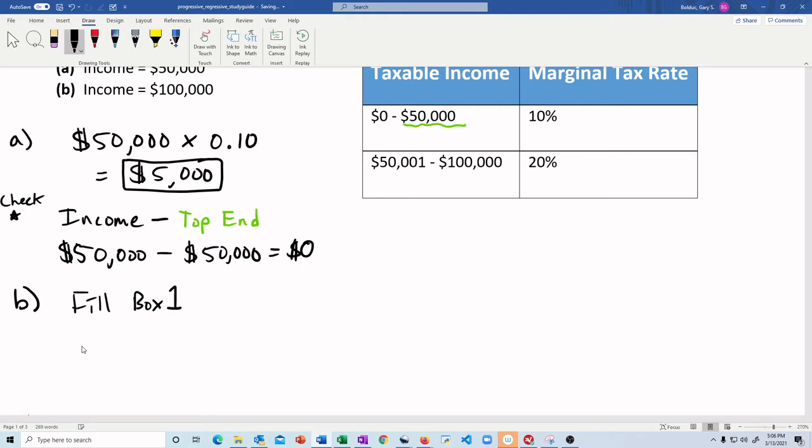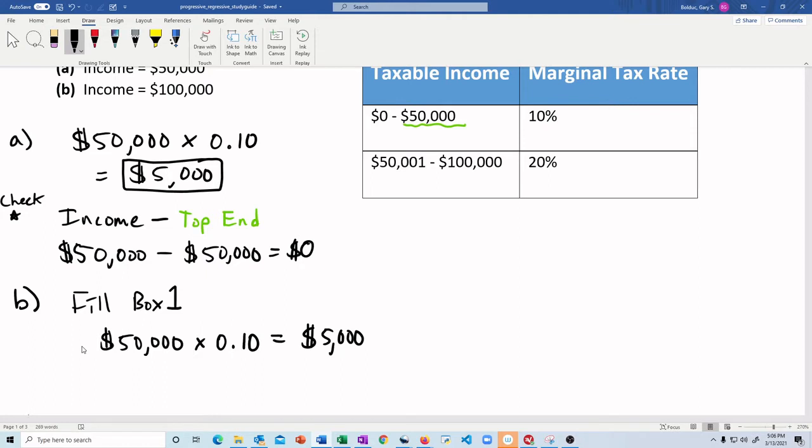If you fill box 1, then that just means you take the upper limit, $50,000, and you apply the tax to it, which is $5,000. Not too bad. Your first $50,000 gets hit by the 10%.